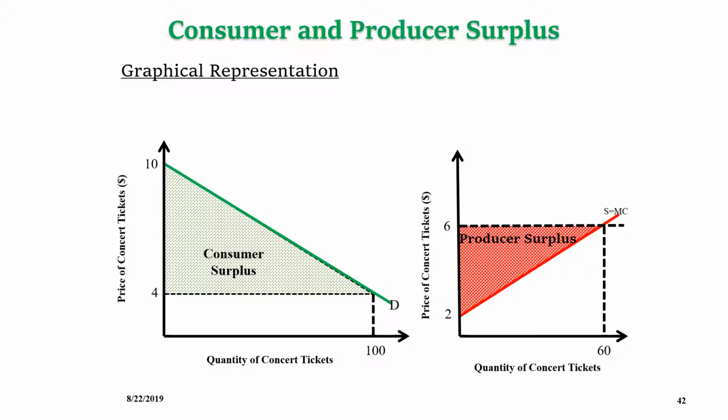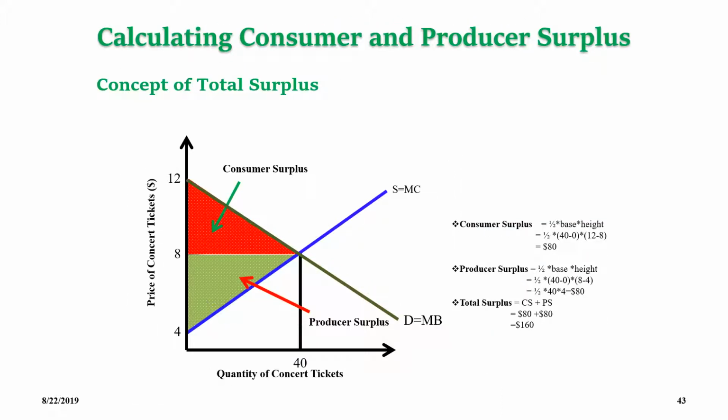Now, this is basically what you're going to be doing. This computation is so easy. You have the consumer surplus, half times base times height. Look at the consumer surplus here, 12, 8. You have 12 minus 8, and then 40 minus 0. So 40 minus 0 times 12 minus 8, times half, which is 80.